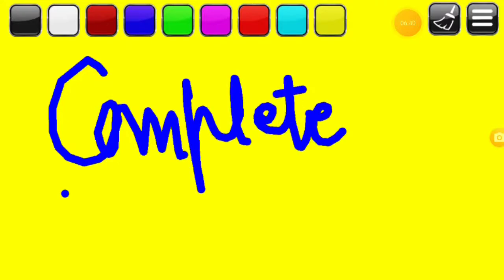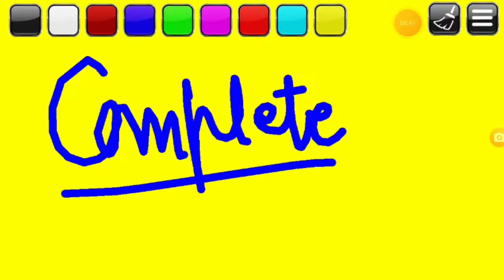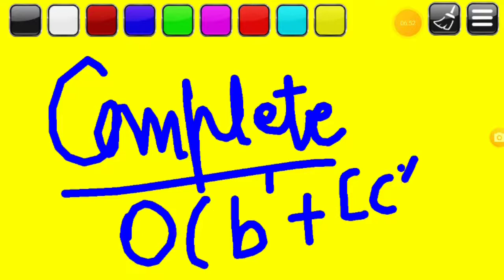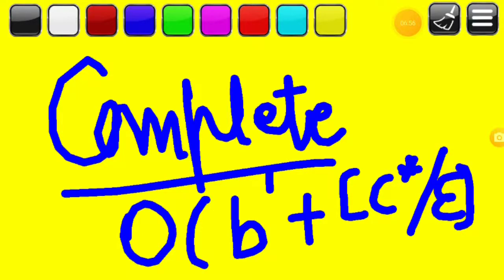This is complete. If there is any solution, UCS will find it. The time complexity will be O(b raised to the power 1 plus C star by epsilon). Here C star is the cost of the optimal solution, and epsilon is the cost of each step to get closer to the goal node.